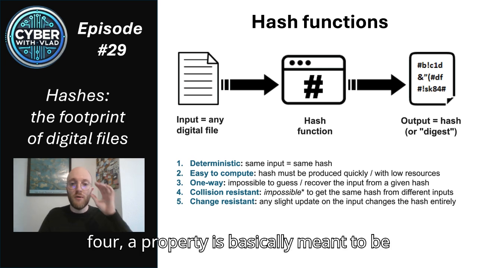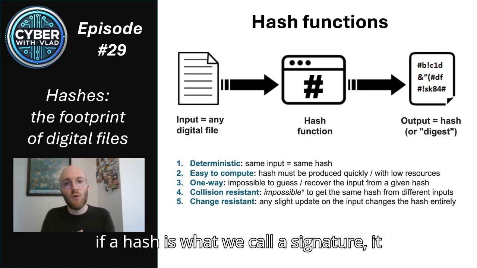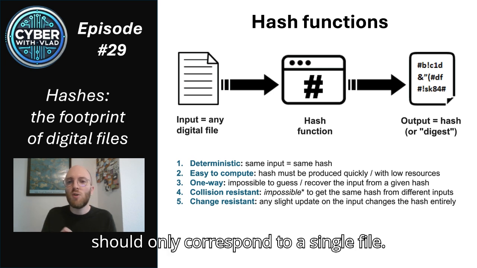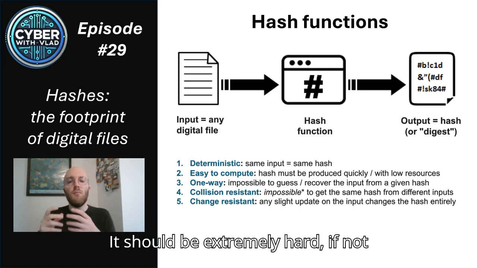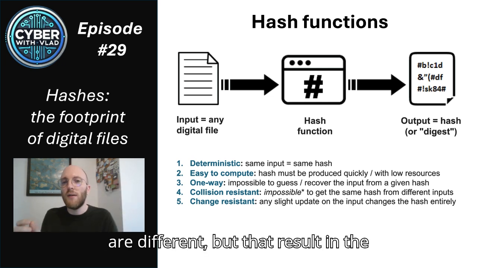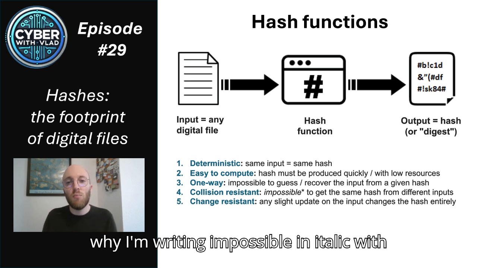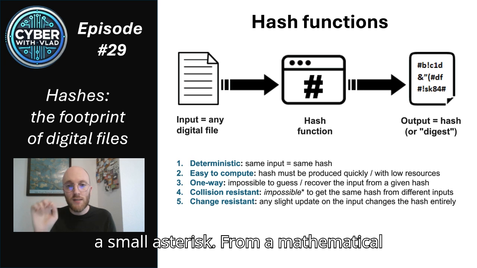Number four, property, it's basically meant to be collision resistant. So the idea is that if a hash is what we call a signature, it should only correspond to a single file. It should be extremely hard, if not impossible, to find two documents that are different but that result in the same signature. Of course, and that's why I'm writing impossible in italic with a small asterisk.